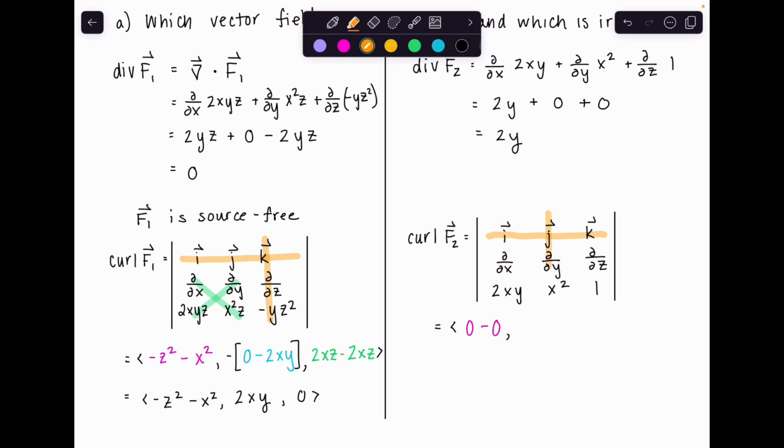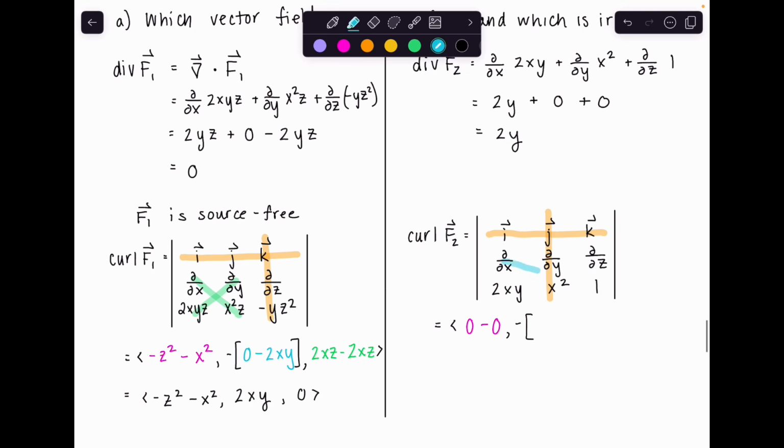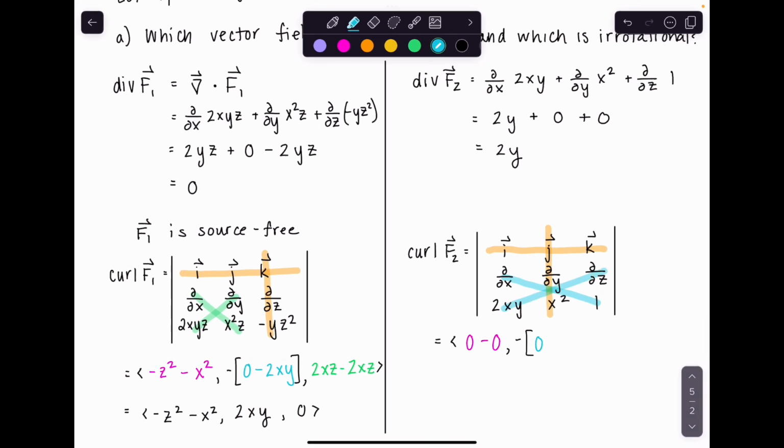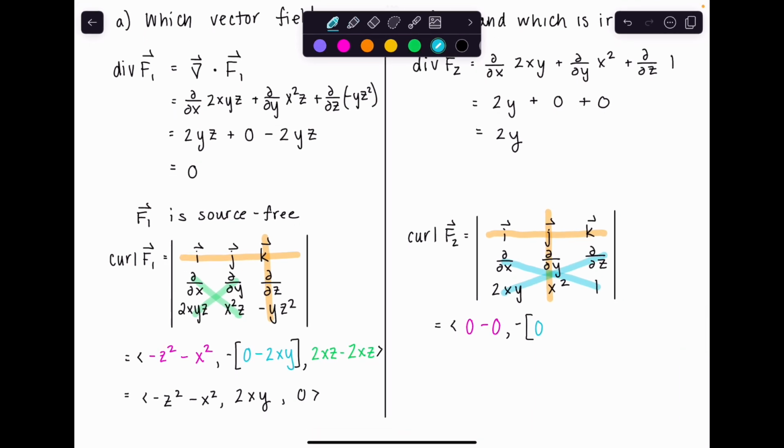Now for the middle component, strike this one out. I need to put that minus sign. And then we go ahead, partial with respect to x is nothing. And then partial with respect to z is also nothing. Okay, third one, block this out.